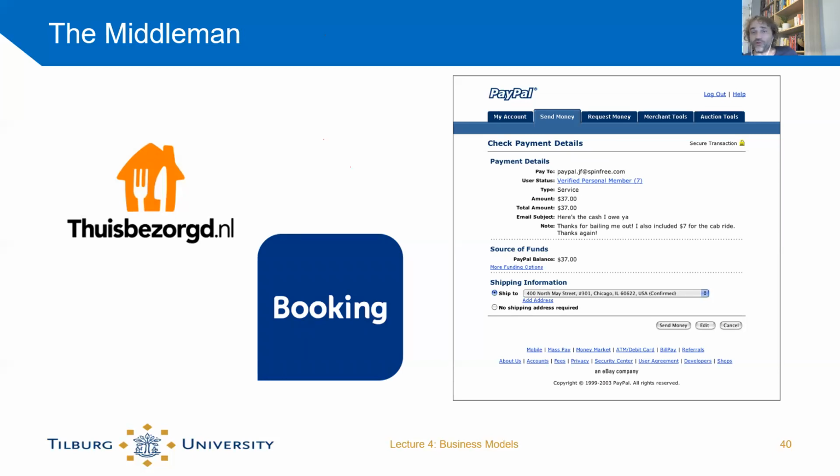When you book something via Booking.com, Booking.com gets a part of the revenue from the hotel you book. I think that's pretty clear. Similar to Thuisbezorgd, every time you order something via Thuisbezorgd, Just Eat takes away a bit of revenue from the restaurant. So that's clear.